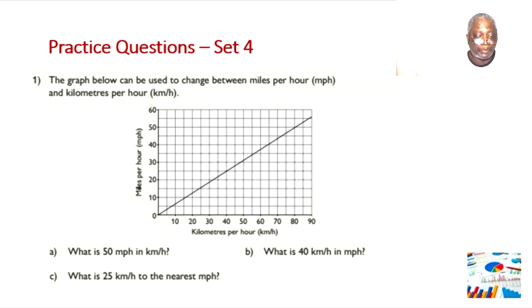And then going up again, the intervals are 10. What is 50 miles per hour in kilometers per hour? C. What is 25 kilometers per hour to the nearest mile per hour? And then B. What is 40 kilometers per hour in miles per hour?